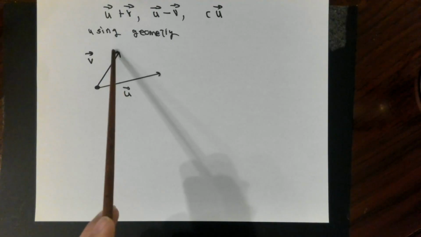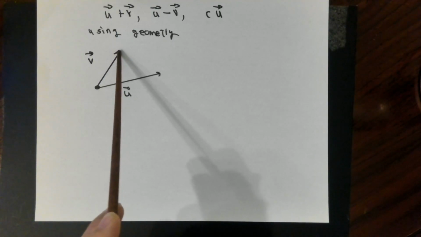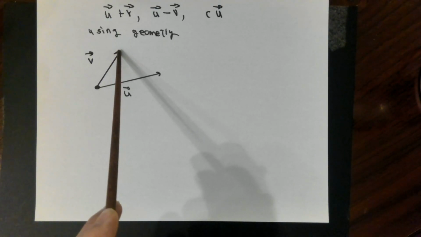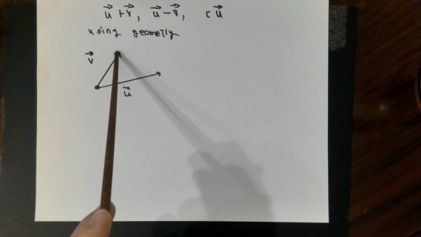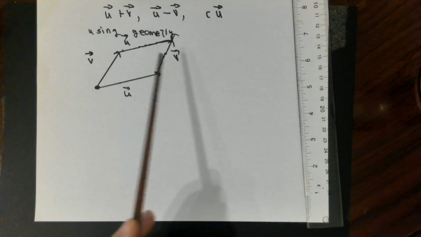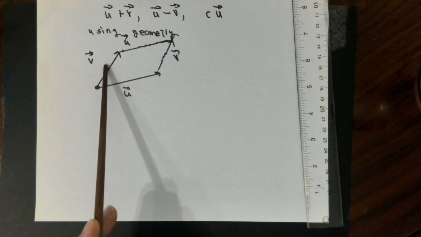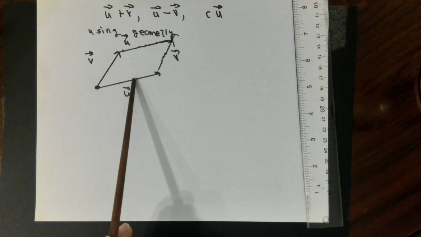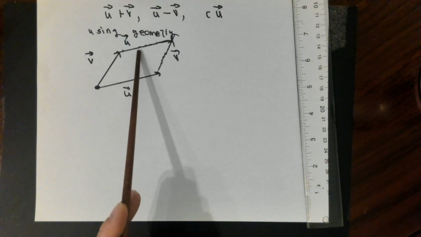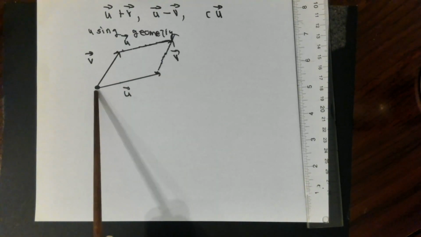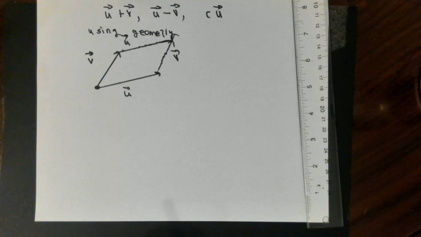Also, I can think of having a representative equivalent vector for u, except this one doesn't have its starting point here, it has its starting point here instead. Since this is parallel to that, and these two vectors have the same lengths, and since this vector is parallel to that one, and this vector and that vector have the same length, this is a parallelogram.